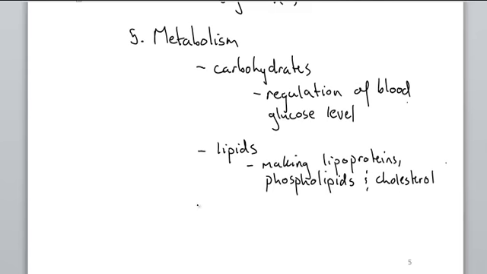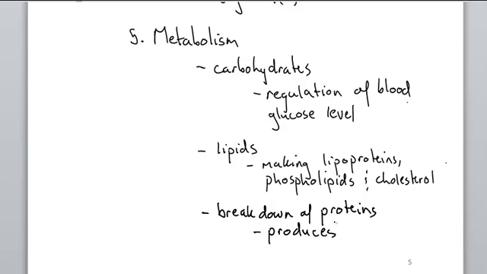And metabolism of, in particular, the breakdown of proteins, which produces urea, which is then filtered out by our kidneys.